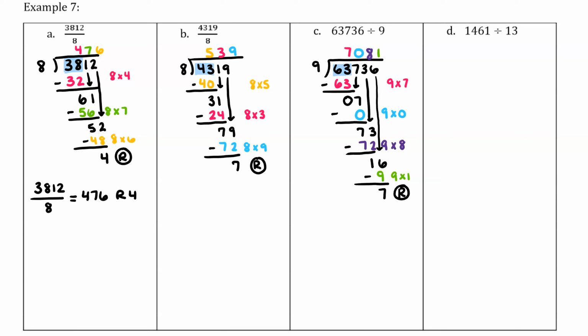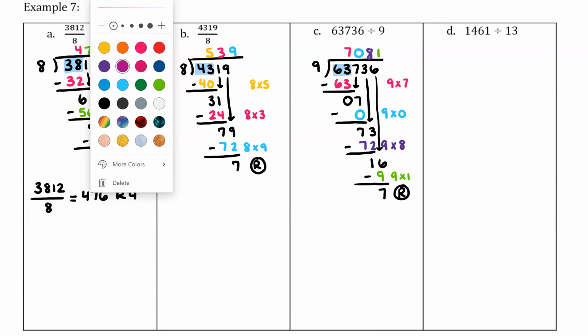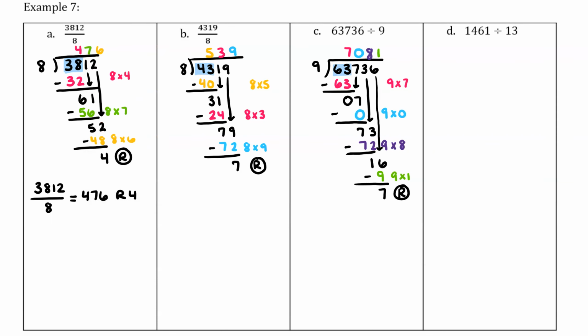Off to the side here, I'm going to do 13 times 1 makes 13. 13 times 2 would make 26. Remember, I'm counting by 13, so if you can't do the multiplication in your head, add another 13.